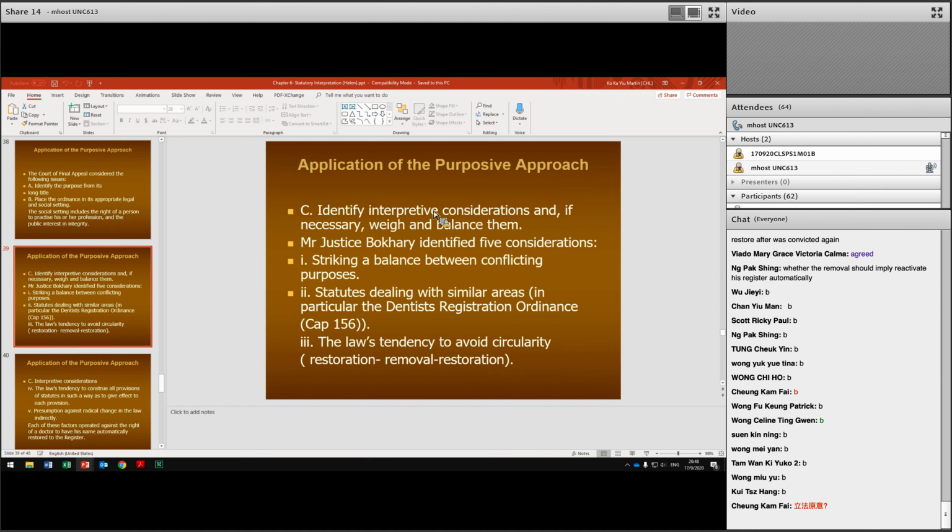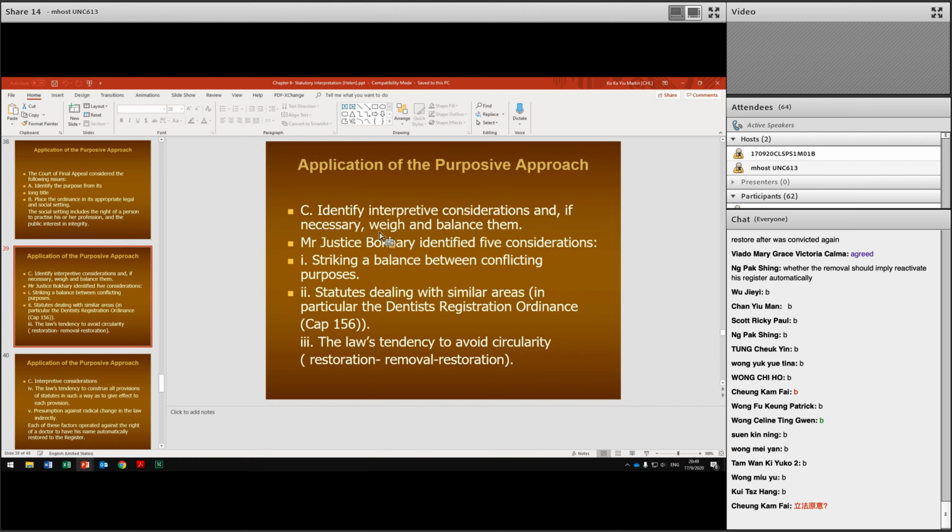For example, the price of the computer, the brand of the computer, the function of the computer, the model, any after sales service, warranty, etc. These are the factors you will take into consideration. So you have to identify what factors we will take into consideration.